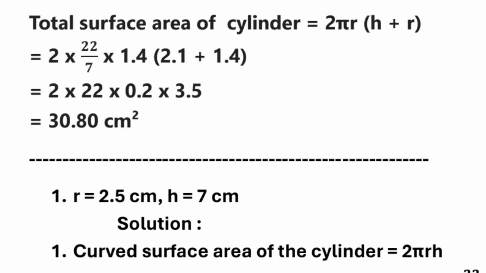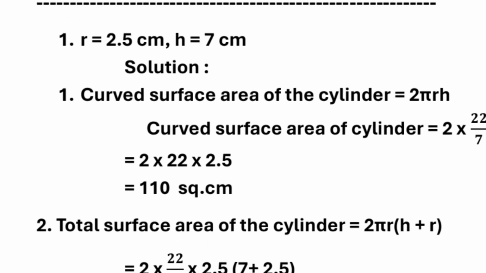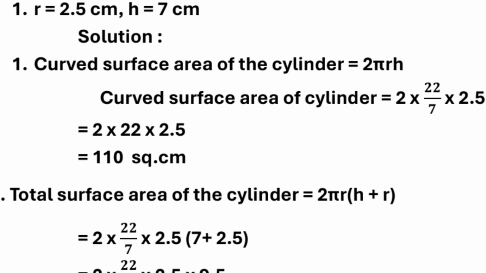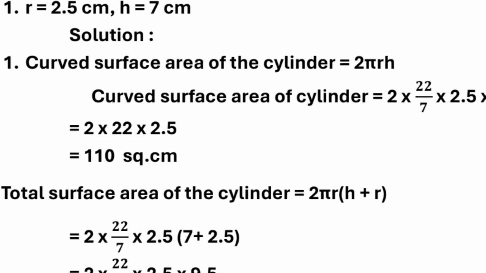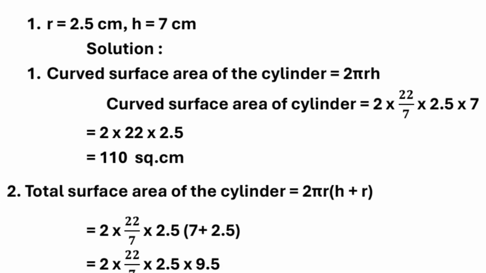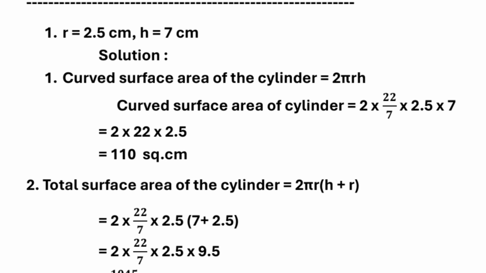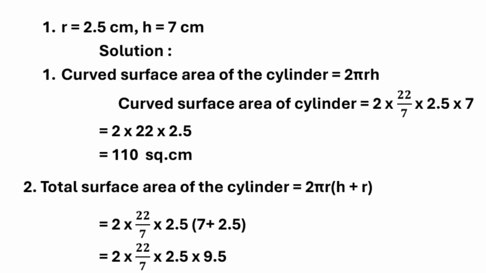Next example, that is, radius is given 2.5 centimeter and height is given 7 centimeter. Therefore, first we will find out the curved surface area of the cylinder.